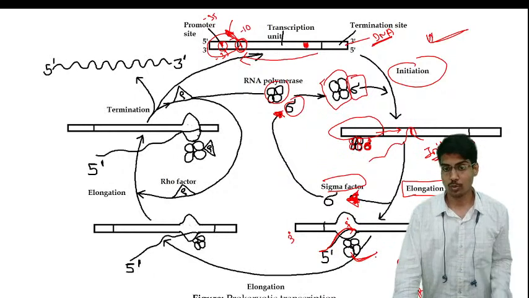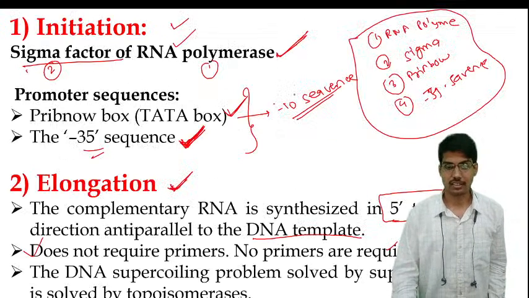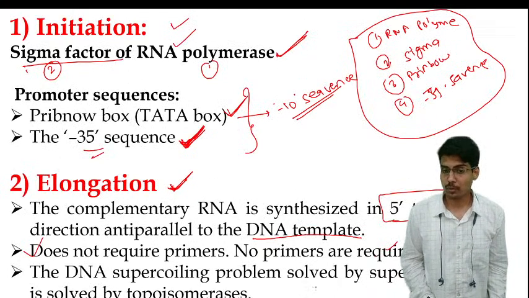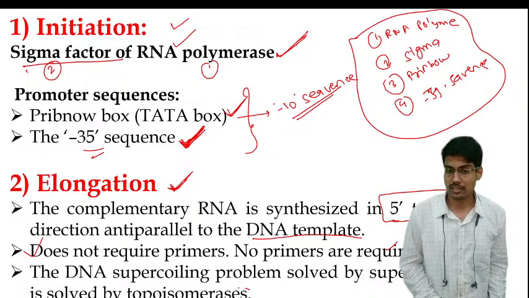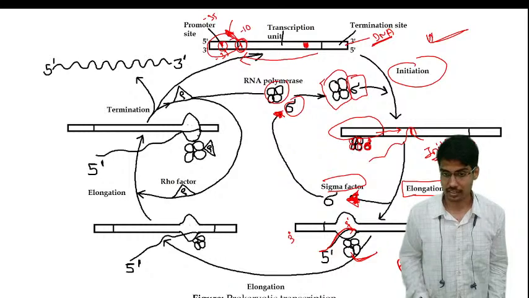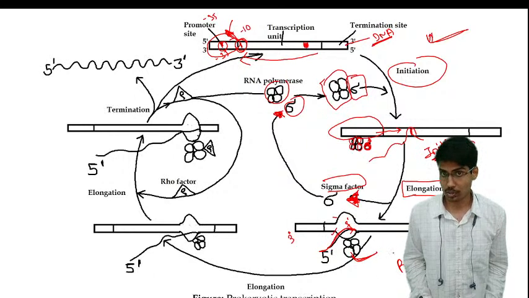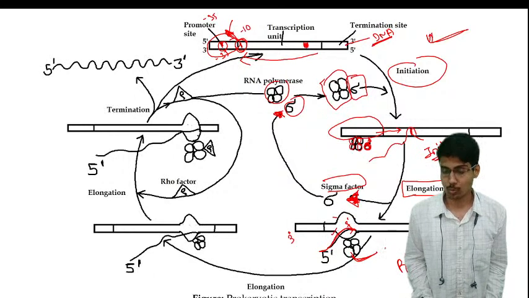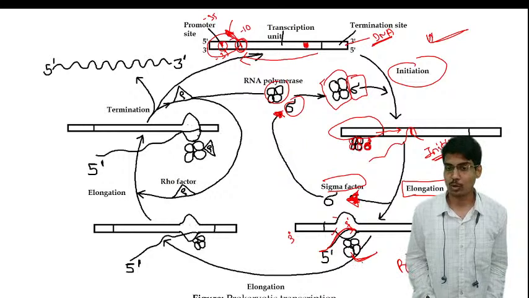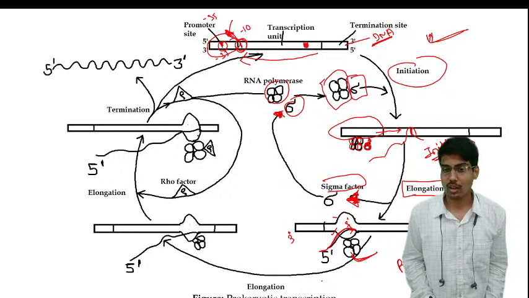Okay. Now we will see the next factor, that is the DNA supercoiling problem, solved by topoisomerase. We have already seen what these topoisomerases are. So even if supercoiling of DNA occurs in this or any strand, yesterday we have already seen that topoisomerase solves it. So in this case also that problem is going to be solved with the help of what? Topoisomerase. And what exactly is this topoisomerase doing?